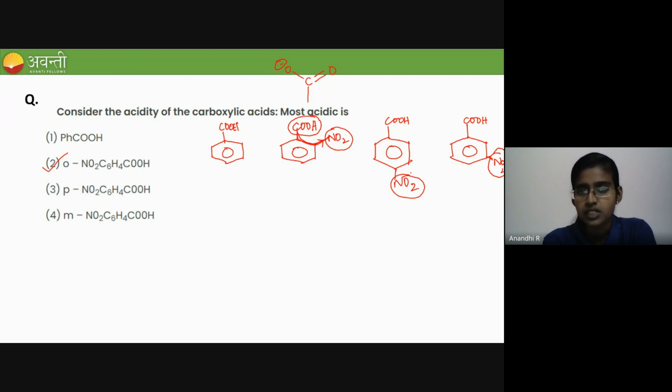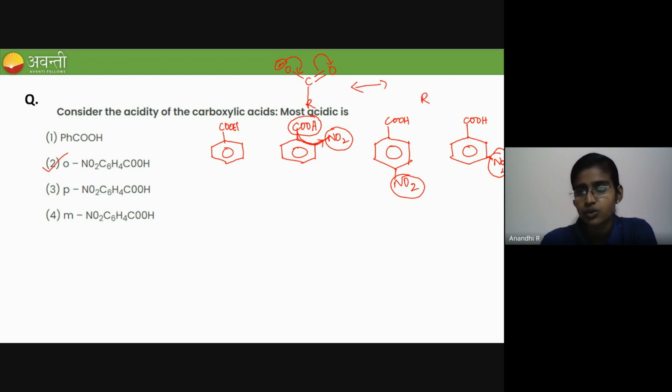So carboxylic acids are acidic in nature because of the donation of H plus more effectively. And one more thing we can say: on donation of this H plus, they form the carboxylate ion. And this carboxylate ion gets stabilized through resonance. We have seen, no?